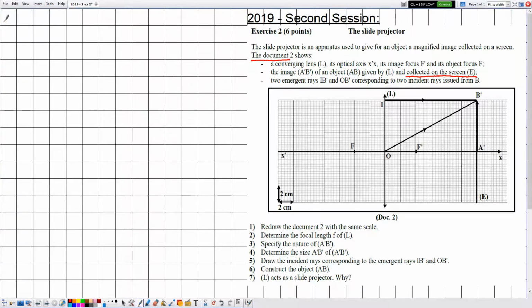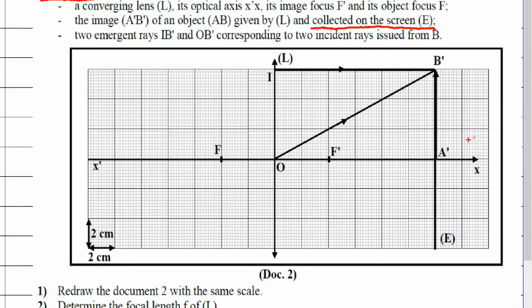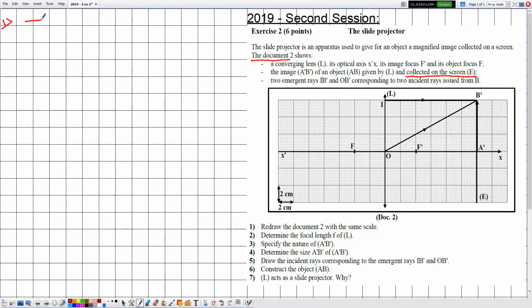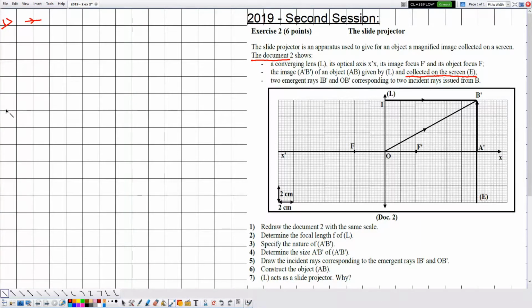So number one, they are telling me to redraw the document 2 with the same scale. Notice that here they didn't indicate the direction of propagation of light, but from these arrows on the emergent rays we can know that the direction of propagation of light is from left to right. And whenever we need to redraw, we always start by drawing the optical axis at the center, having the same direction of propagation of light.